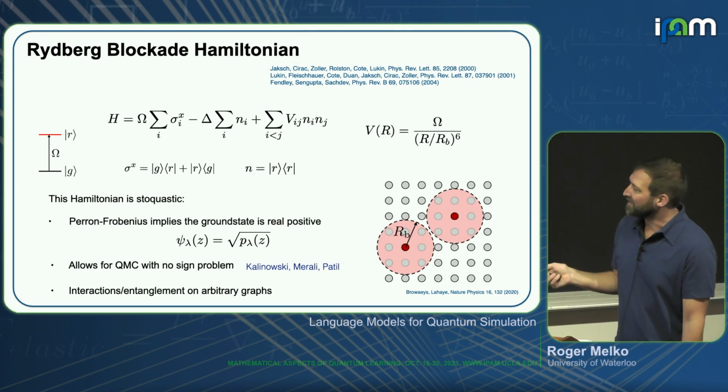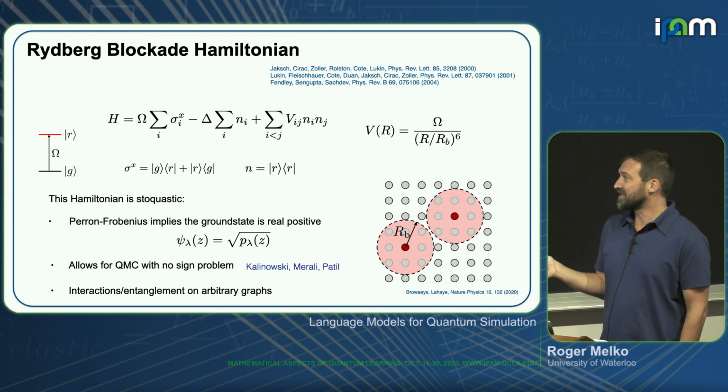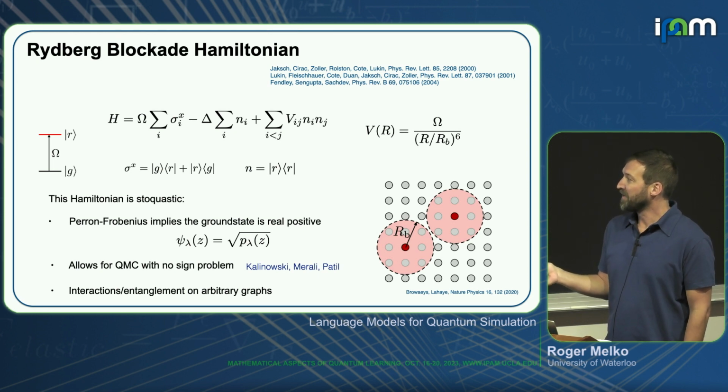The Rydberg blockade Hamiltonian. You put atoms in these tweezers, and this is what they interact with. I'm writing the ground state and the Rydberg state: ground state, highly excited state. n is the density operator for the Rydberg states. So this is basically like a transverse field Ising model. Your transverse field is your Rabi frequency that excites you to the Rydberg state, and you can break that symmetry with a detuning.